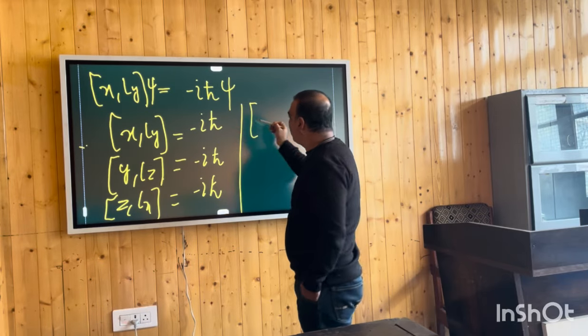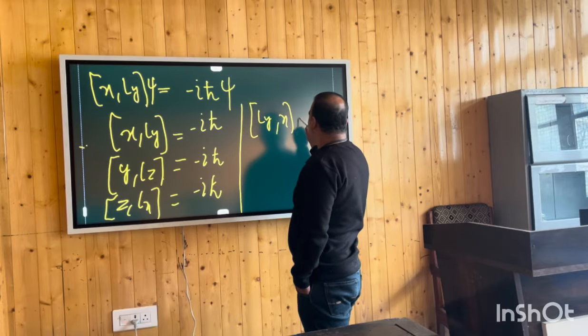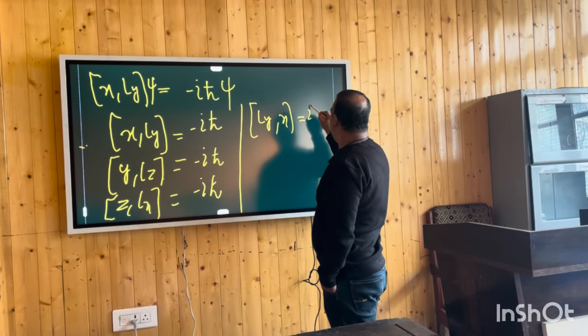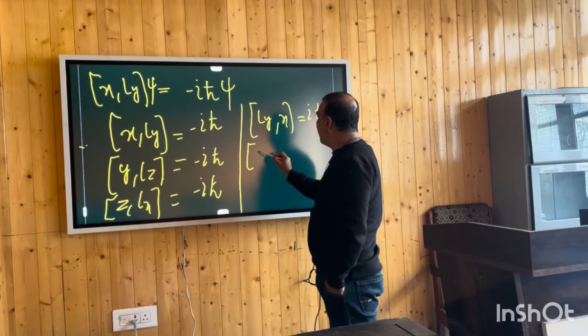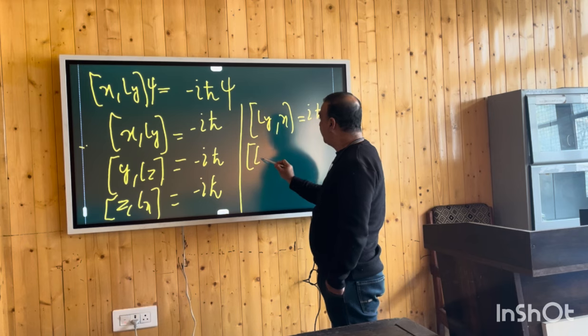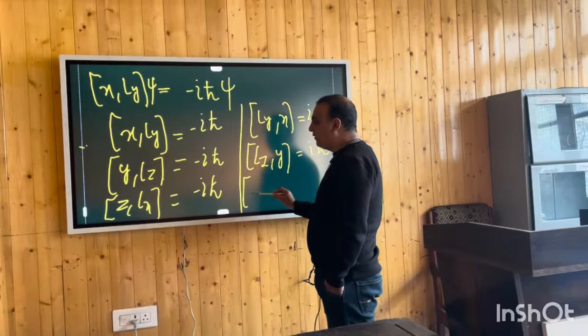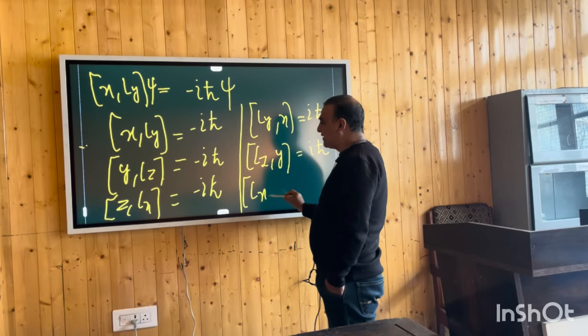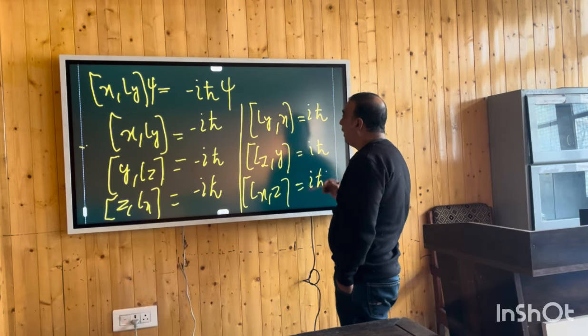Your iħ will become positive, so you'll have [Ly, x] will give us iħ, and then provided I have done the calculations right, I'm not sure, but I have tried my level best to do it. [Lz, y] will give us iħ, and then you have [Lx, z] will give us iħ.